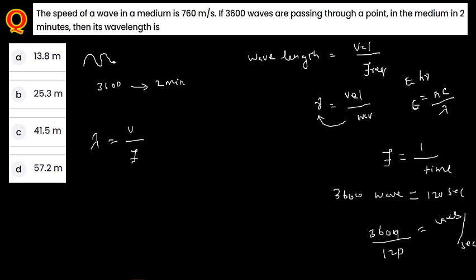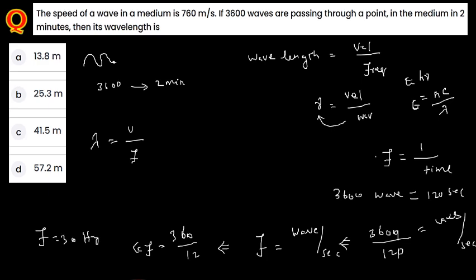Waves per second is the same concept; in this case, frequency is equal to waves per second. So frequency is equal to 360 divided by 12. If you cancel this, frequency f is equal to 30 hertz.